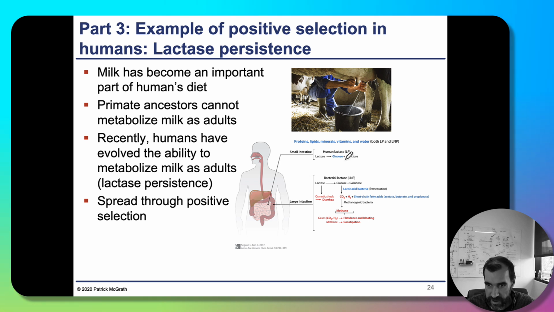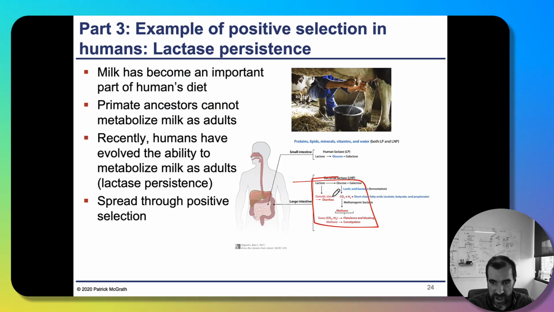If you're expressing lactase, lactose is converted to glucose and galactose. This can be taken up by your small intestine and then metabolized. But if you don't have this lactase gene, then you end up having a large amount of lactose present, and this can have effects on your digestive system, including the production of things like methane, and also osmotic shock, which causes things like diarrhea.